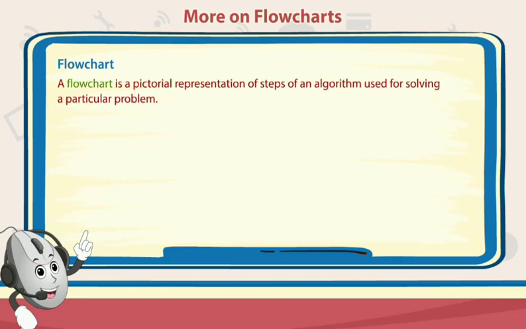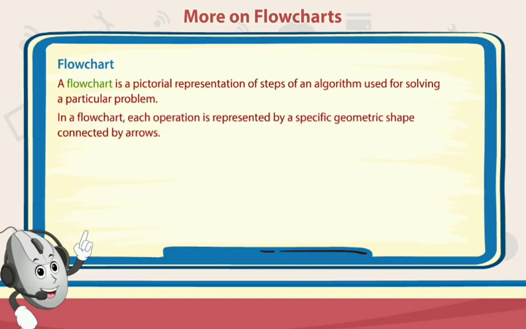Flowchart. So flowchart is a pictorial representation of the steps of an algorithm used to solve a particular problem, which we have already learned in our class 5. Flowchart is a pictorial representation of algorithm. In a flowchart, each operation is represented by a specific geometric shape connected by arrows.